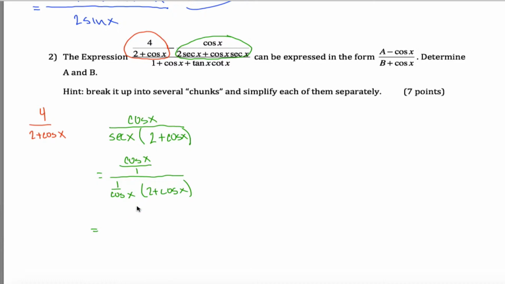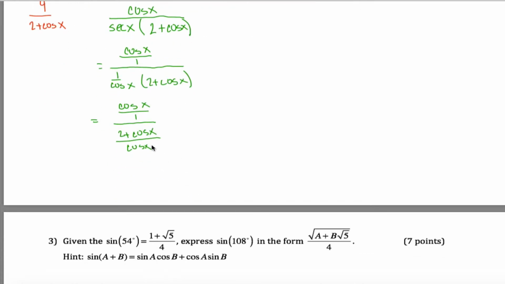So what I have, I'm making this way harder than I need to, cosine of x over 1 divided by 2 plus cosine of x divided by cosine of x, which now that you have a fraction inside of a fraction, you can multiply by the reciprocal of the denominator, flip this up top, and you'll get cosine squared x divided by 2 plus cosine x.